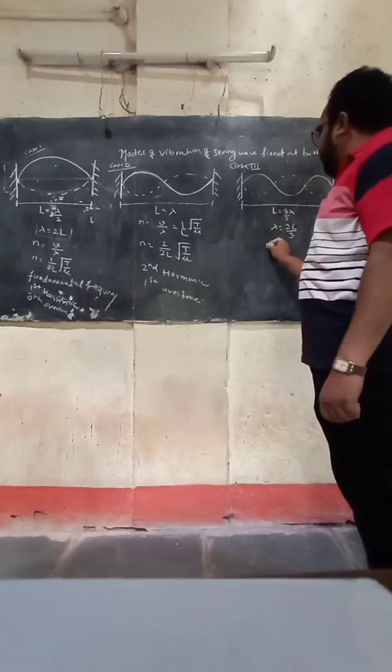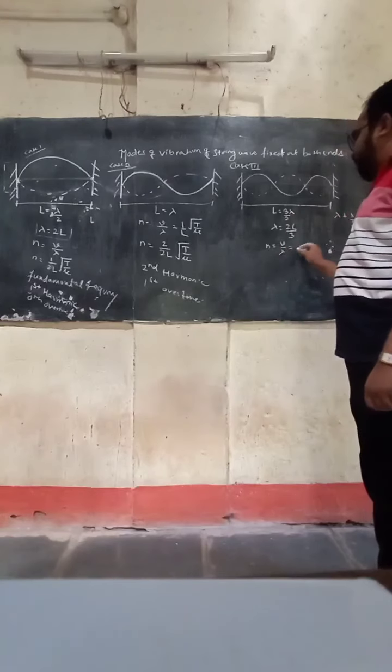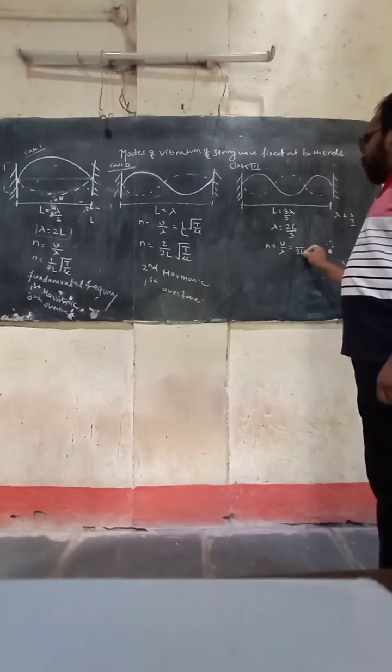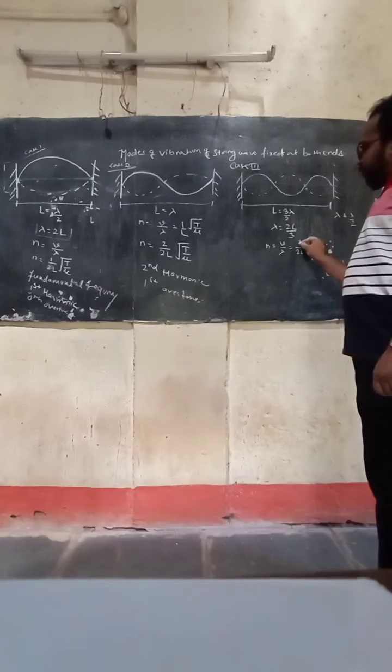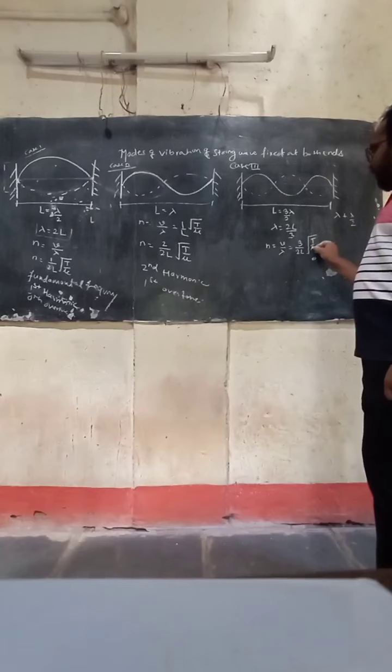Now what is the formula? Frequency is velocity upon lambda. Okay, lambda is 2L/3. So in place of lambda we can write 2L upon 3. The 3 will go to numerator. Okay, and velocity is under root T/μ.